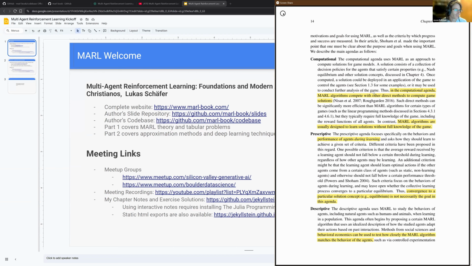The computational focus is, how can we compute solutions to competitive or cooperative games that are good solutions. So in a competitive game, it might be something which is good at competing with other agents, even other agents trained with other techniques or actual people. And then in a cooperative scenario, it would be achieving the highest reward for the combined behavior of all of the agents.